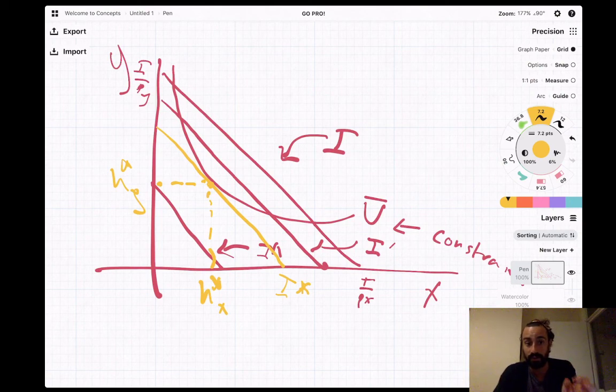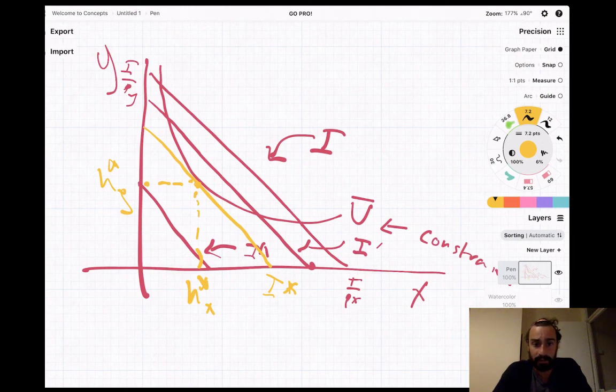So the solution, the optimized quantity, is given by a tangency between the same two objects, the budget and the indifference curve, and the optimal consumption is that point of tangency. And so there's good reason to think that the solution to one problem is going to be very related to the solution of the other problem, right?